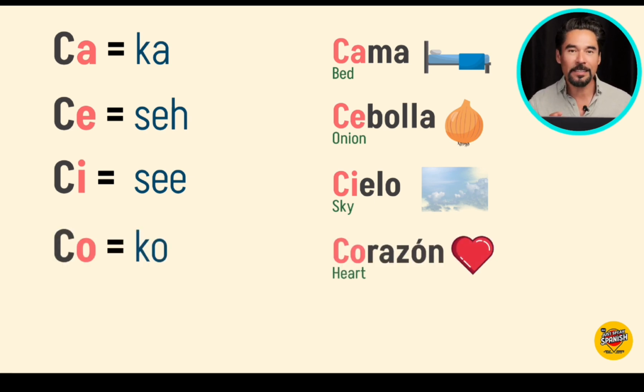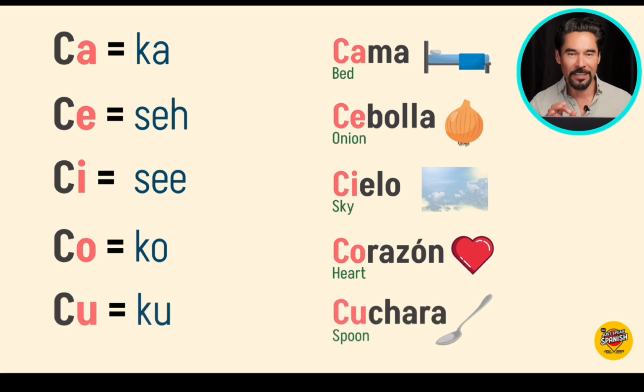Next, we have the C and the O, and this is co, K-O sound, as in the word corazón, with the accent on the O, as in heart. And finally, if you have the C with the letter U, it's a Q sound, as in the word cuchara, spoon.